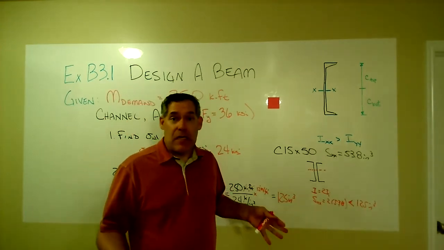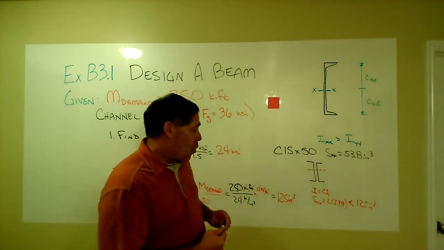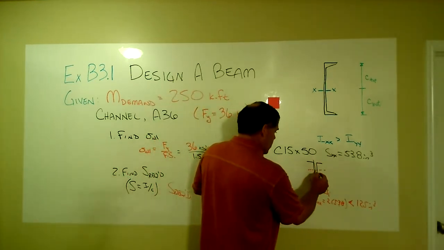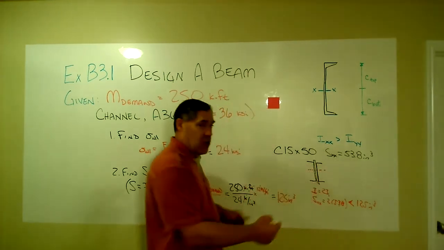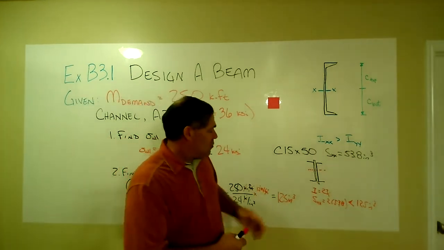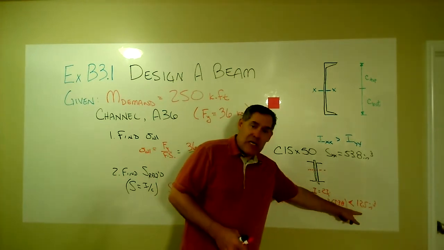Well, you're tempted to scream, right, and say, you gave me a bad problem. Or you still think creatively. Perhaps what we could do is put a steel plate in the middle, bolt it all together or weld it all together. There's going to be some criteria about how we would do that, but we could put a steel plate in the middle because we don't need a lot more SXX here.